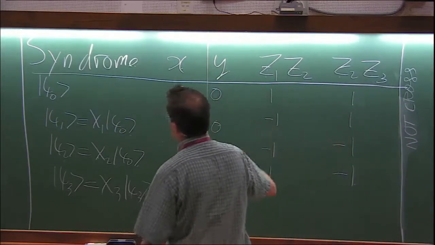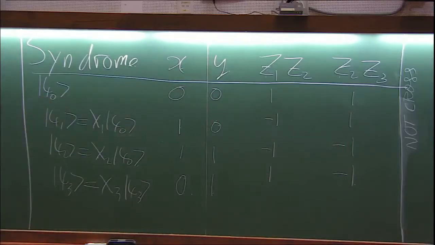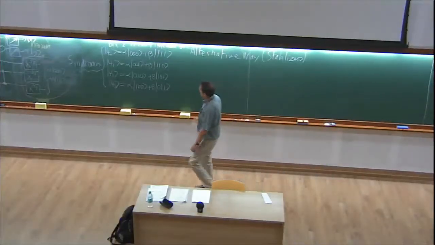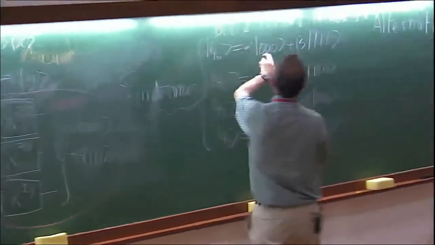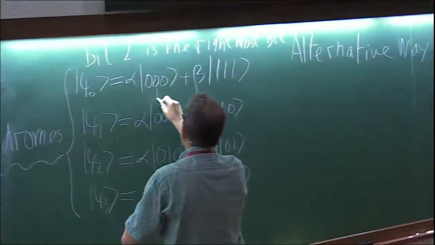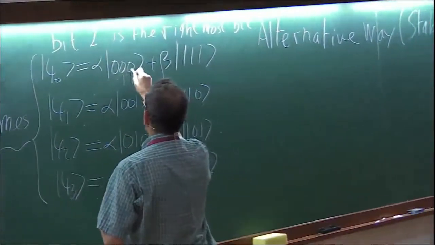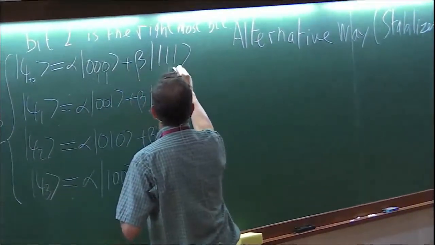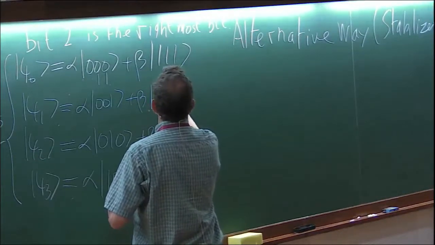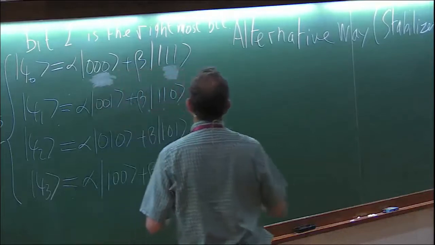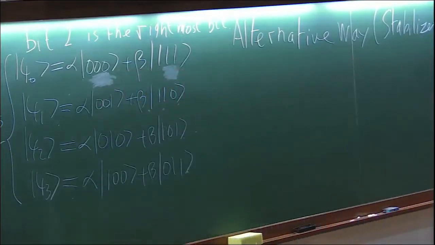So if you consider psi naught, what is Z1 Z2? Well, we're acting on these 2 qubits. Zeros don't flip. Here, both ones flip. So you get an eigenvalue of 1.